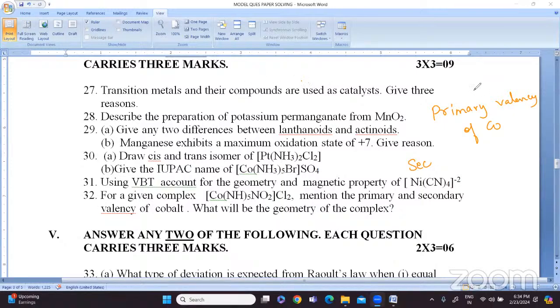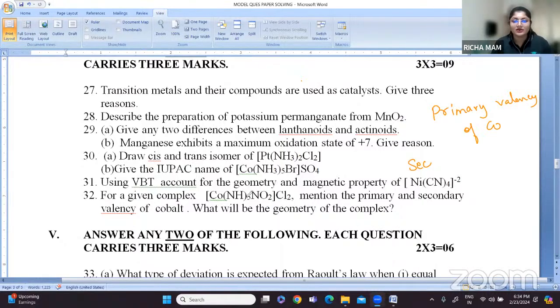When we are talking about primary valency, what does it mean? It is the number of negatively charged ions which is equal to the charge on the central ion. What is secondary valency? The total number of ligands which are coordinated to the central metal ion.